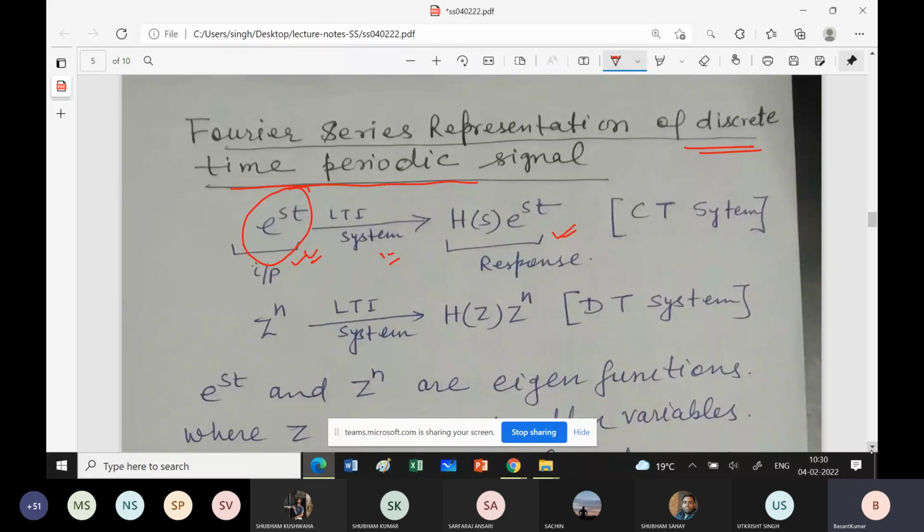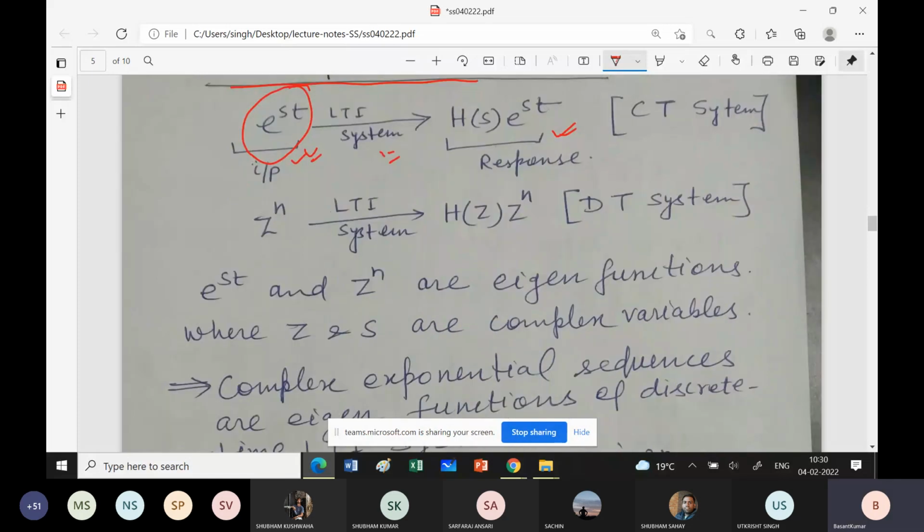Now the similar expression in discrete time. In discrete time, the input signal I will be representing in terms of z^n. ये हमने पहले भी आपको जब कॉम्प्लेक्स एक्सपोनेंशियल का एनालिसिस किया था वहां पे भी आपने ये टर्म देखा होगा.